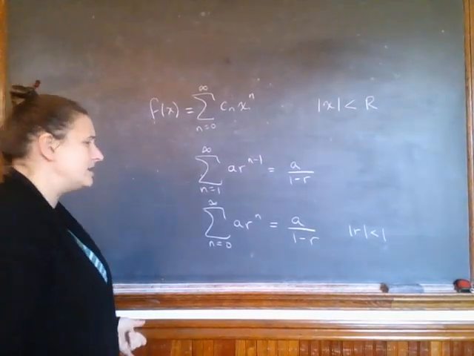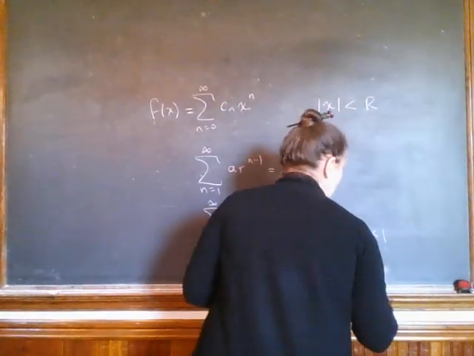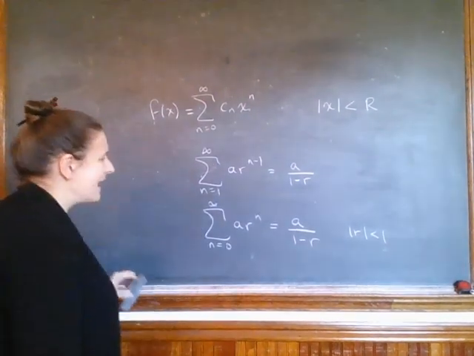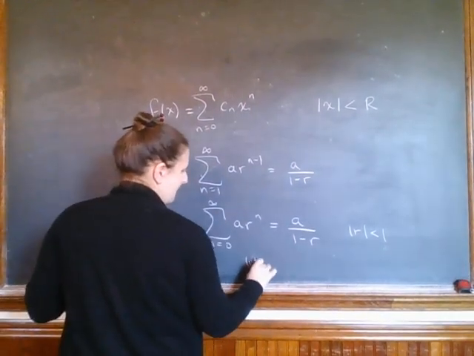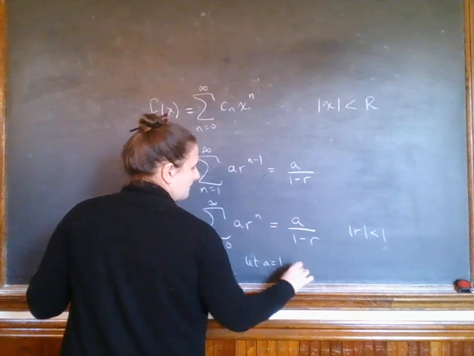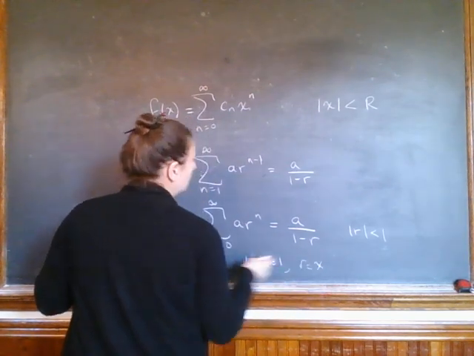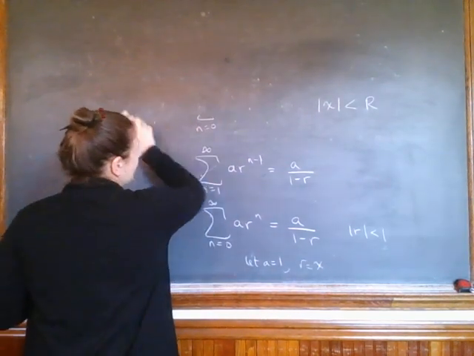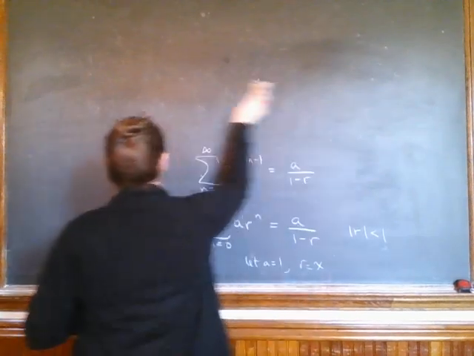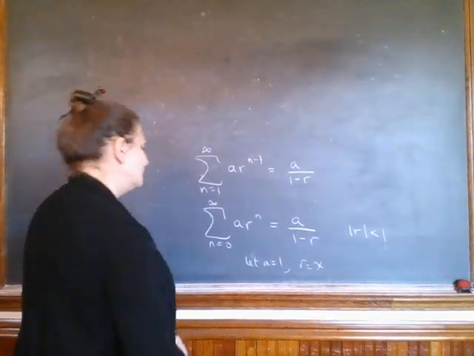Okay, so all I'm going to do is kind of switch this around a minute. I'm going to let a equal 1 and r equal x. I'm going to write it the other way around.